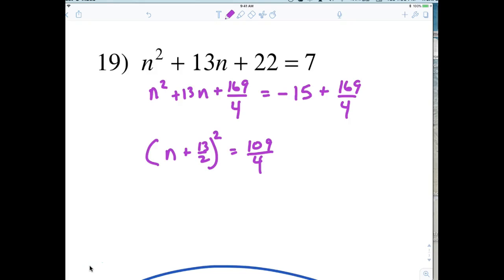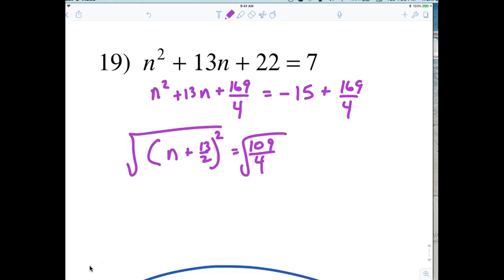Now we're taking the square root of both sides. So n plus 13 over 2 is equal to, you should be okay with this, plus or minus the square root of 109 over 2.